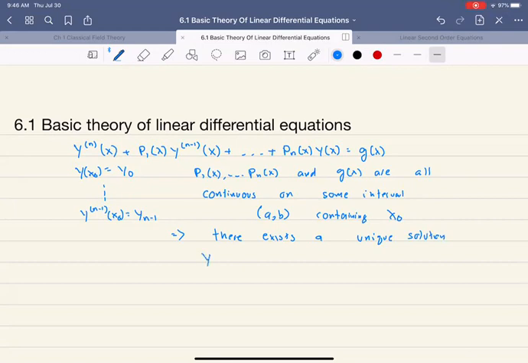Let's say y of x satisfying the initial conditions.